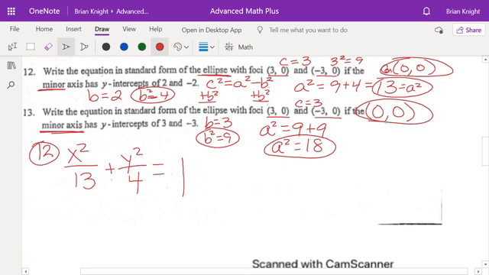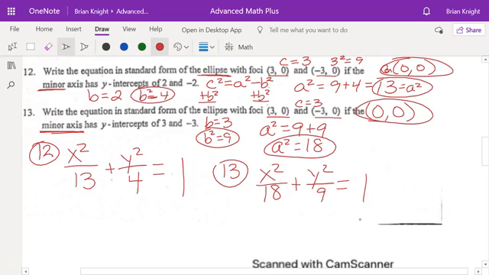Wait a minute. Can you tell me where you get the C and B from again? I'm struggling. Yes. Let me finish writing it real quick. All right, so that's going to be x squared over 18 plus y squared over 9 equals 1. That's the answer. Okay? All right, one more time.